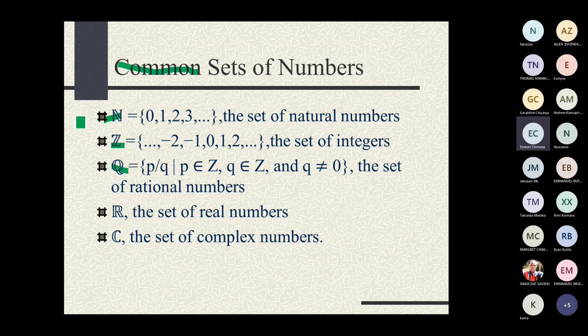So you need to know the boundaries of these sets. Like if you are saying natural numbers, what are these natural numbers? What are the set of integers? What is contained in the set of integers? Also, we've got the set of rational numbers, the set of real numbers, as well as the complex numbers. Though we do not dwell much on this set of complex numbers in this module.